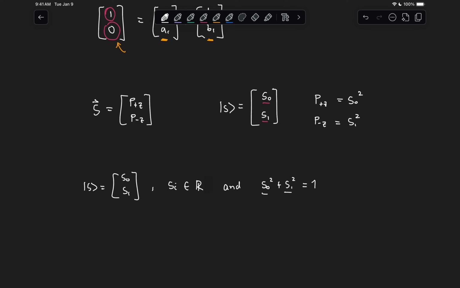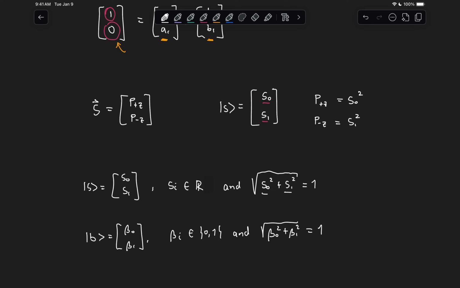Now let's compare this with the definition we had for our bit, which we said was a vector with components beta 0 and beta 1, where the beta sub i's were either 0 or 1, and where the length of the vector, given by the square root of beta 0 squared plus beta 1 squared, had to be equal to 1. Now, because 1 squared is equal to 1, we can actually use this same restriction for the definition of the vector that describes our spin.